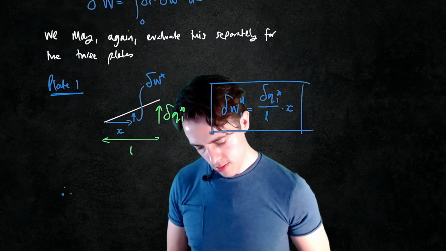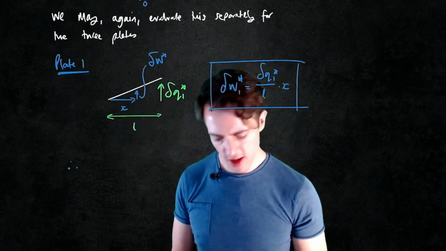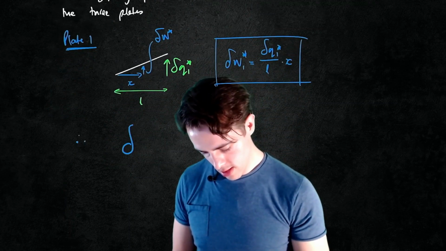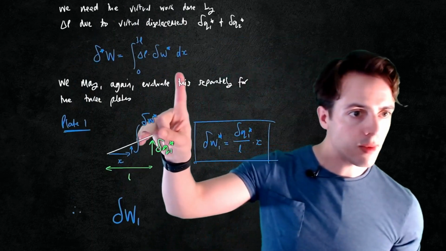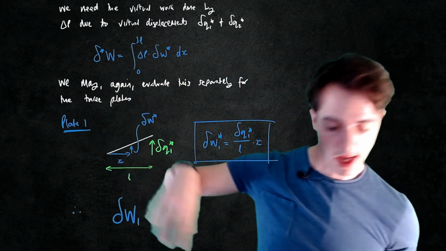So then we can evaluate this expression for the first plate. So delta W1, I'm making a distinction here, just be careful, these delta w's are lowercase, this one here is uppercase, meaning total work.